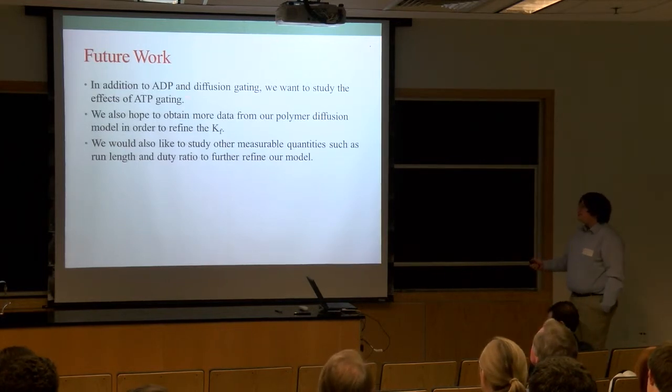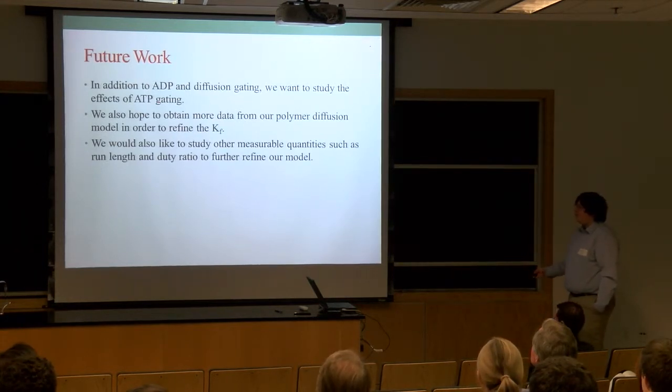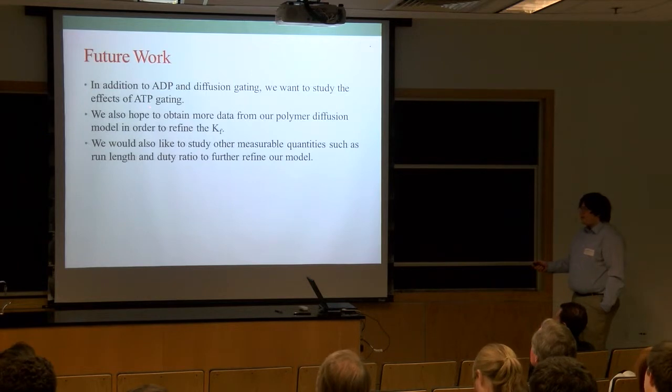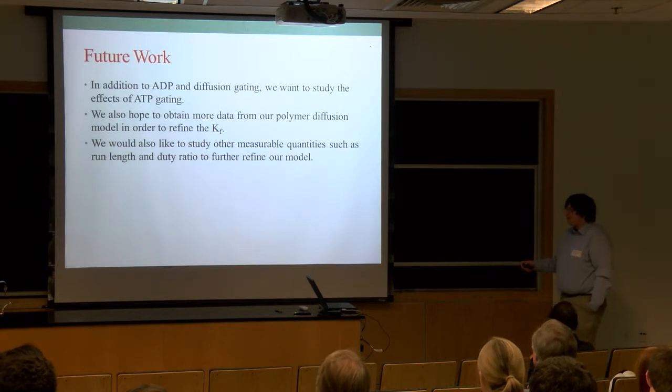Going forward, I talked about ADP and diffusion gating, but we also want to look at ATP gating, so how it uptakes fuel. We also want to get more data on polymer diffusion, because we'd like smaller polymer beads to get better persistence length measurements.